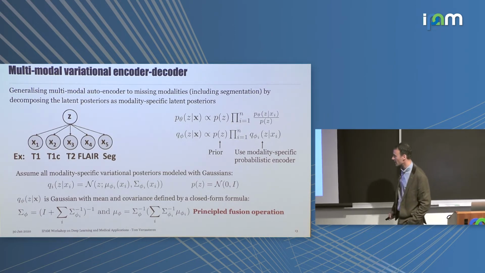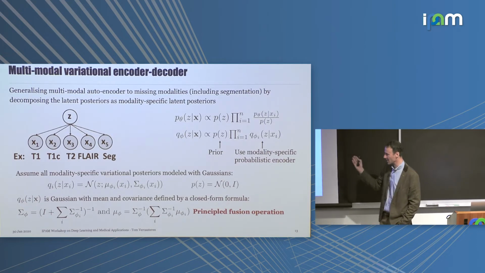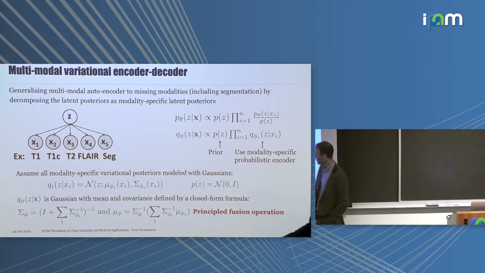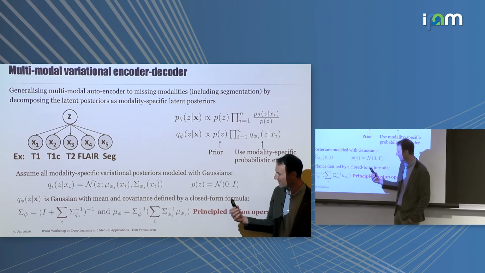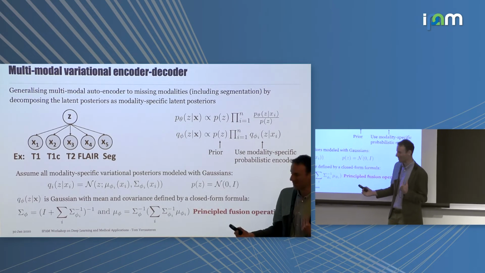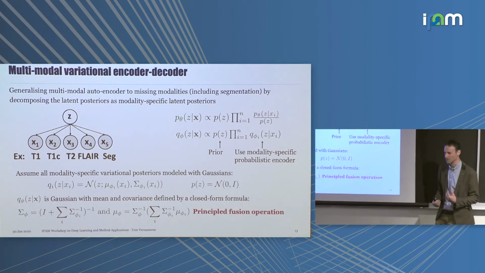And that's quite interesting, because if you assume that all your covariance matrices are the same, or let's say even identity, just to simplify things, then the mean of all the modalities taken together is just the average of the modality-specific extracted features.